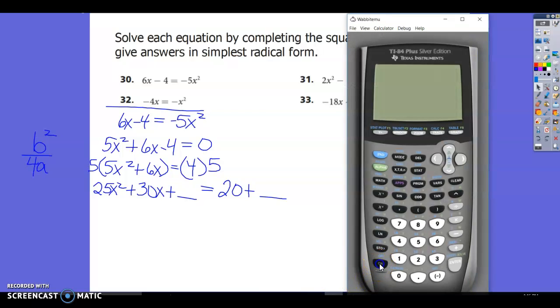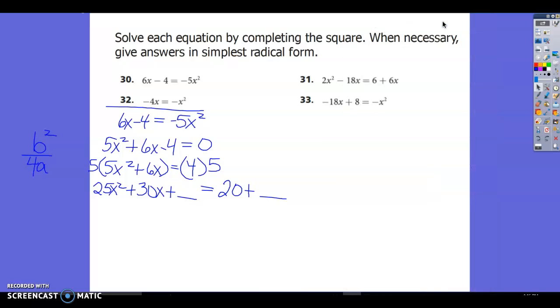So b squared, so I'm going to have 30 squared divided by 4 times 25 is 100, and that is 9. All right, so I'm going to add 9. So this in factored form is going to be 5x plus 3 squared, and that equals 29.